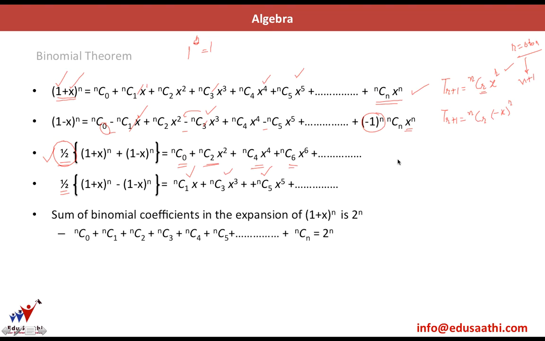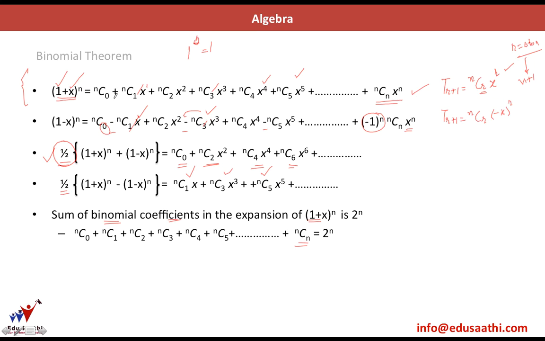Now, if I go back and look at the first thing that I have, which is 1 plus x raised to power n, and this is the expansion that I have. Now, if I want the sum of the binomial coefficients only in the expansion of 1 plus x raised to power n, what are the binomial coefficients? nc0, nc1, nc2, nc3, nc5, so on up to ncn. What I'll do is I'll put the value of x as 1 on the right hand side.